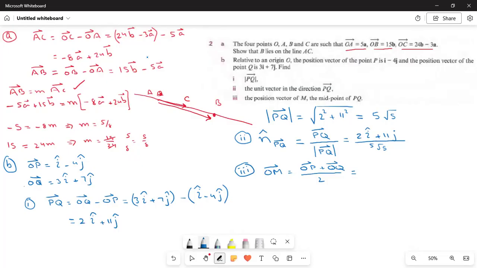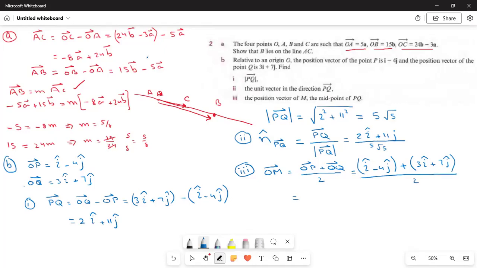So what is OP? We know OP is I minus 4J, and plus OQ, so this is 3I plus 7J, divided by 2.